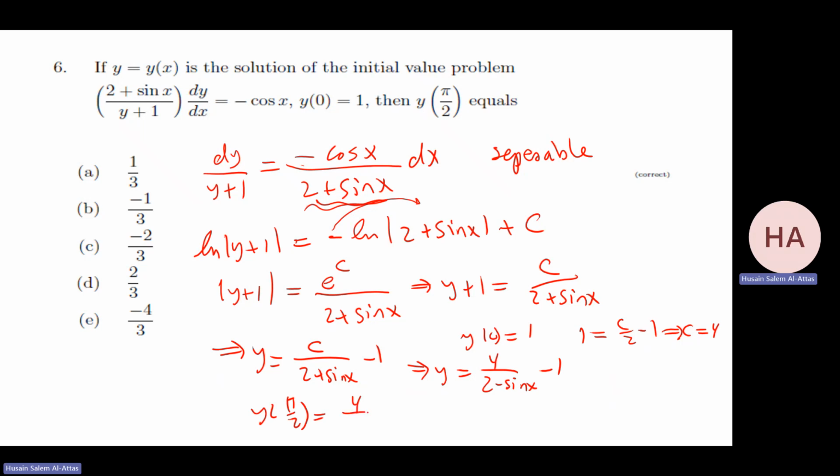That will be 4 over 2 plus 1 minus 1. Sorry, this is plus, so it will be 4/3 minus 1, which is 1/3.